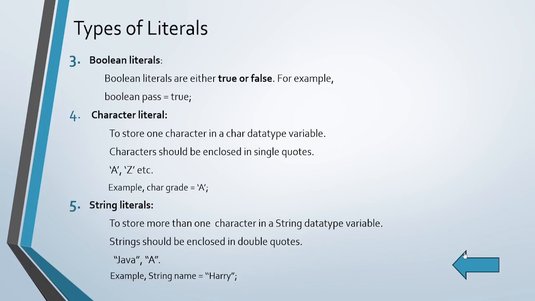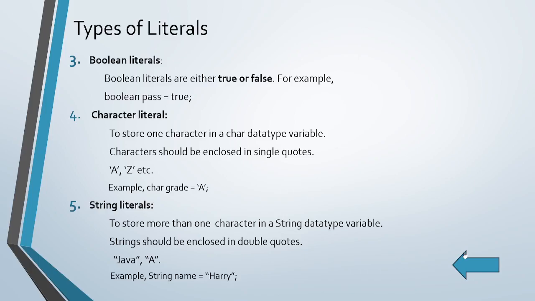All the characters should be enclosed in single quotes, for example 'A' or 'Z'. For example, char grade = 'A'. This is how a programmer stores the values which are known to him.